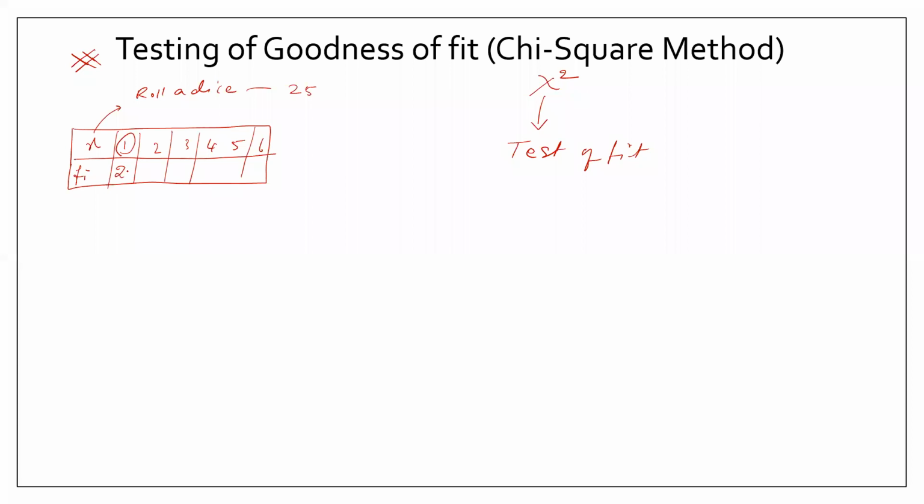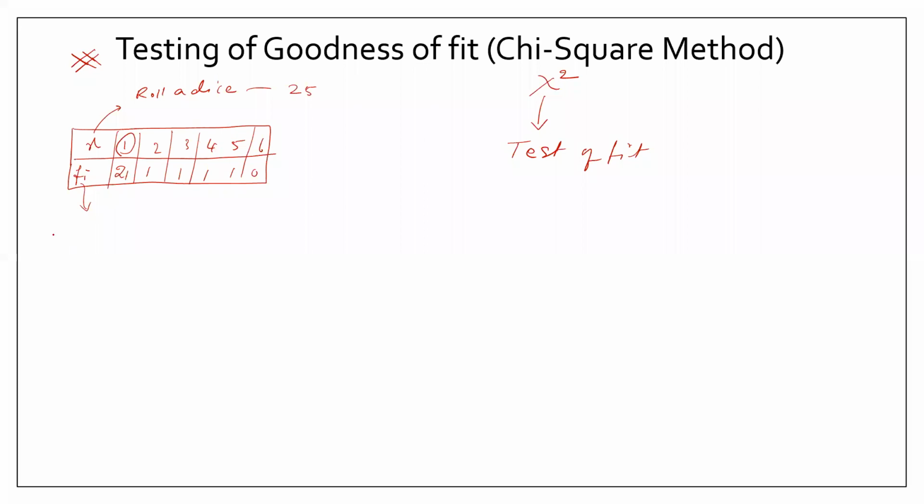Let's say some random values: 21 times one appears, then two appears 22, 23, 24, 25, and 0. So how many times the numbers 1 to 6 of the dice appear is represented with the frequency Fi.